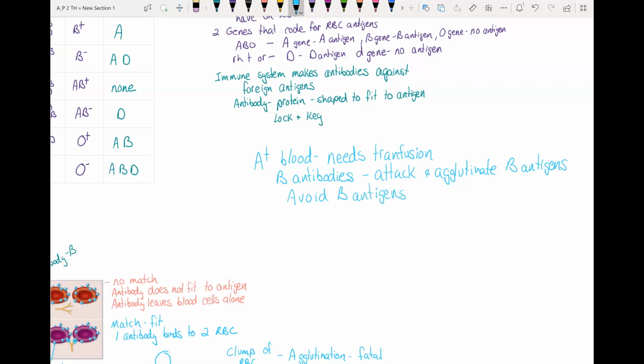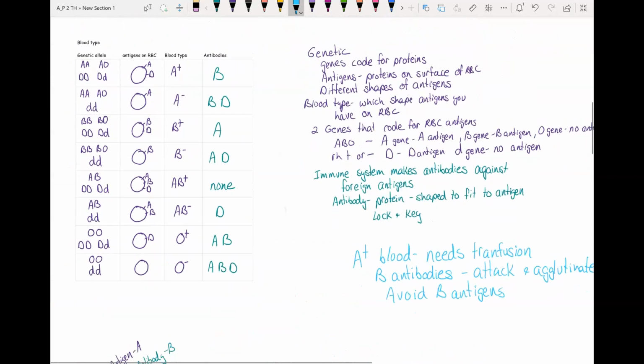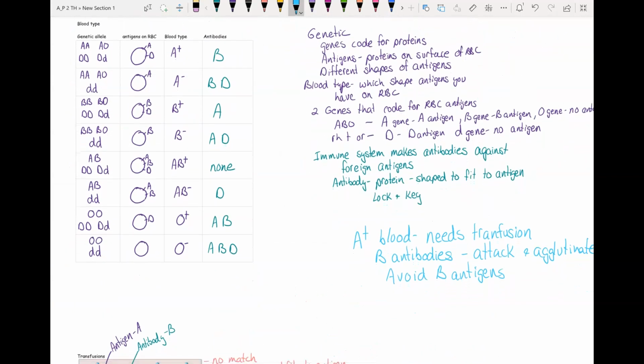So let's look through the list and see what you can get. So we'll start off with A positive. There's no B antigens on that blood cell. So A positive is good. You can always get your own blood type. If we look at A negative, again, no B antigens there, so you can get A negative. If we look at B positive, well, it has B antigens, so that one's out.